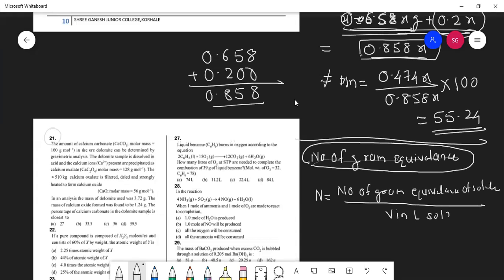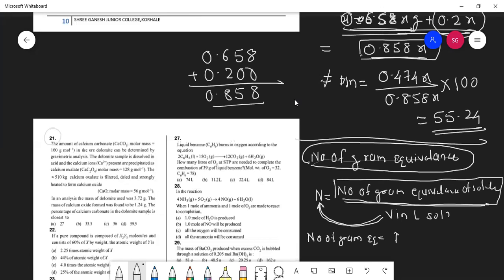Now tell me, if I send this V here, will it be the first formula of number of gram equivalence? Yes, sir, V goes and multiplies there. So number of gram equivalence, please note down this formula: it is normality into V in liter. Is it correct?